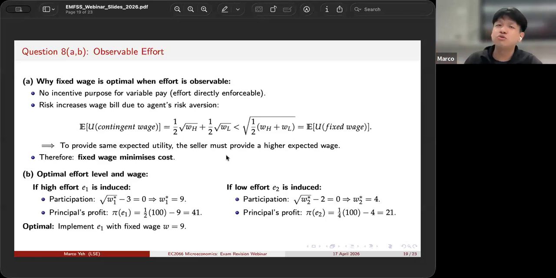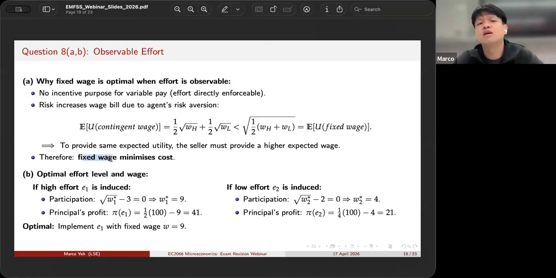So the best thing to do is just to offer you a fixed rate rather than giving you 2 different wages depending on the outcome of the project. I'm happy to absorb all the risk for you. And by doing so, I can offer you a relatively low fixed rate for the work. That's why you will have the fixed rate offered at the equilibrium.